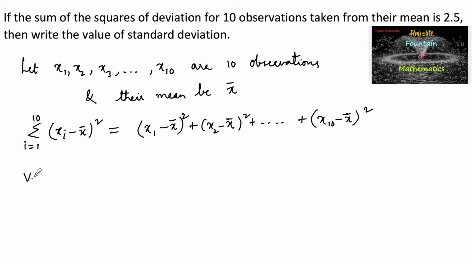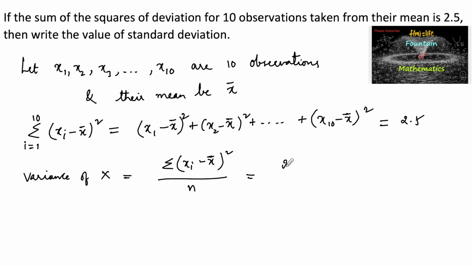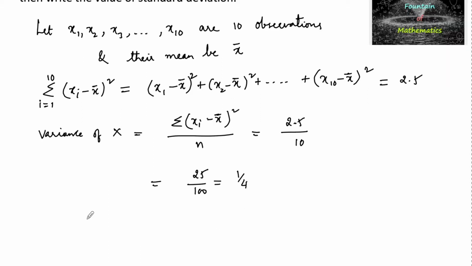And we know that variance of the variable x is equal to sum of the squares of the deviation from the mean, that is summation xi minus x bar whole square, upon the number of observations. The sum of the squares is given as 2.5, so we can write 2.5 divided by number of observations, 10. So 2.5 upon 10 is equal to 25 divided by 100, that is 1 by 4.